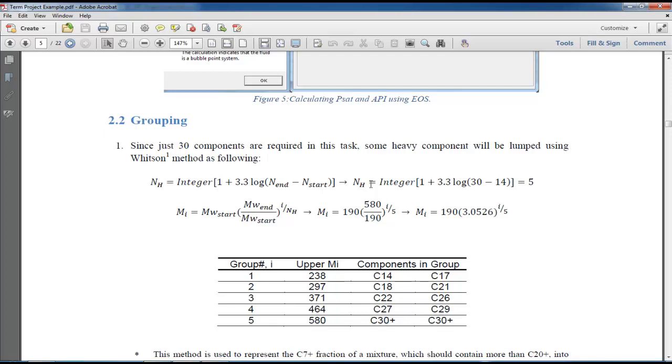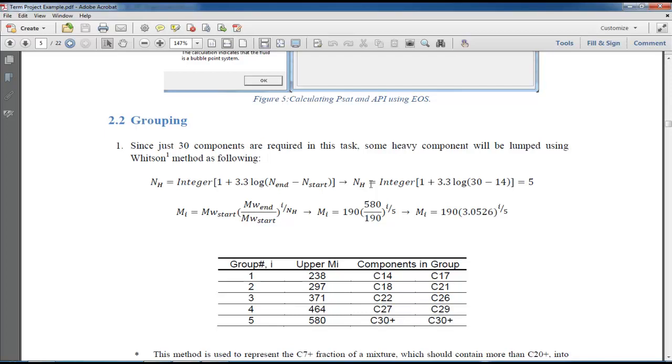How can we lump those into several components? You define your start point and your end point, use this equation, and then you will have a number. This is the number of groups that you will have.